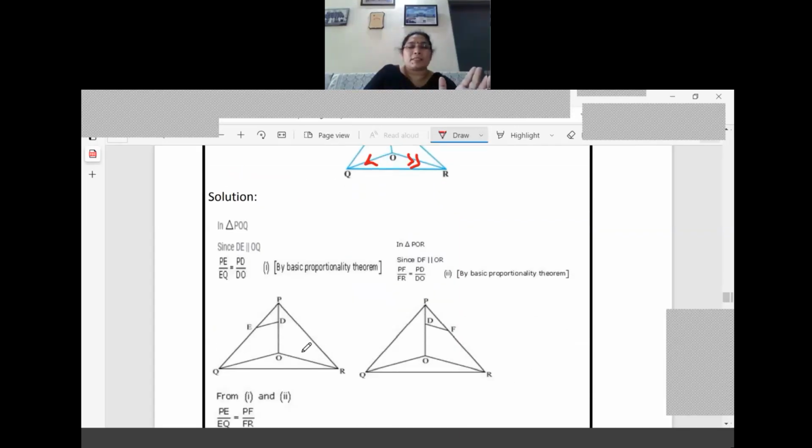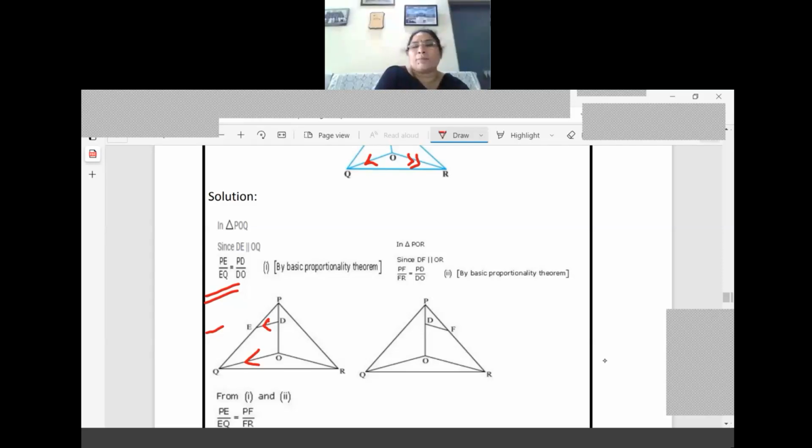I have taken in the first diagram what the parallel line is. DE parallel to OQ. Once we identify it, we can write easily. So PE by EQ equal to PD by DO. I think you understood this first equation very well.